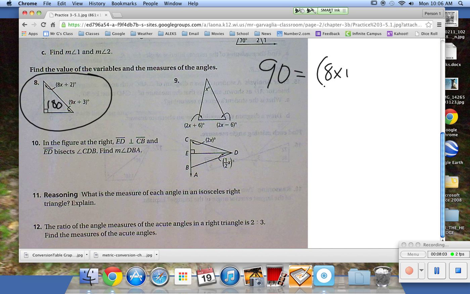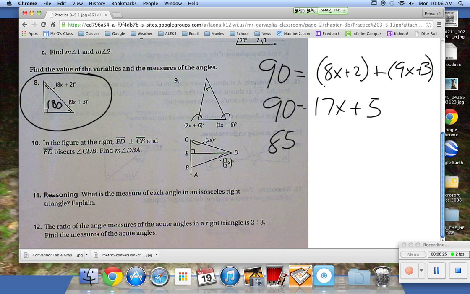8x plus 2 plus 9x plus 3. And we combine like terms. All right. 90 equals 17x plus 5. Subtract 5, 85 equals 17x. 17 goes into that, what, 5 times?